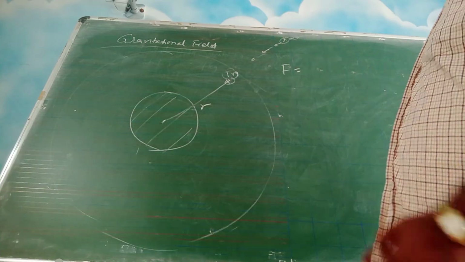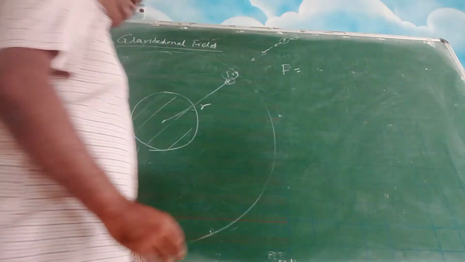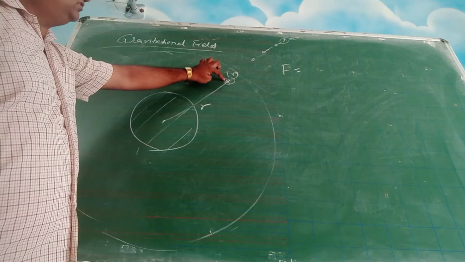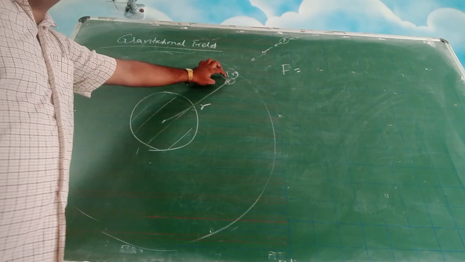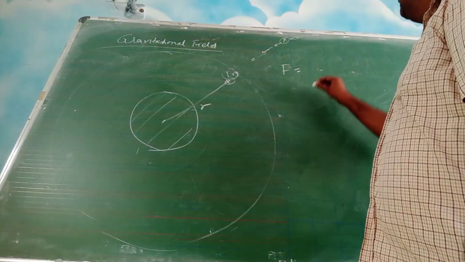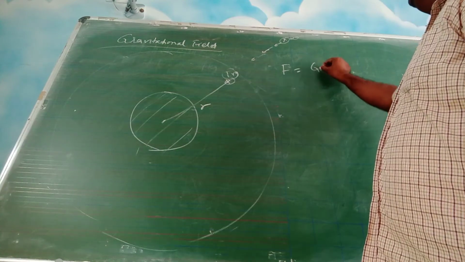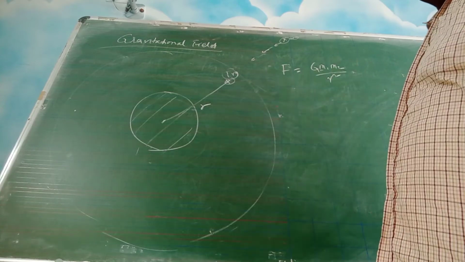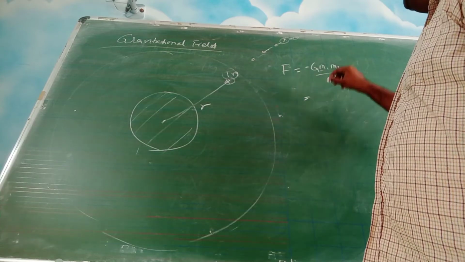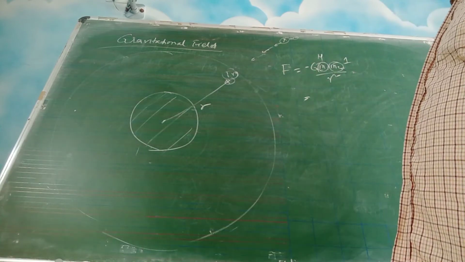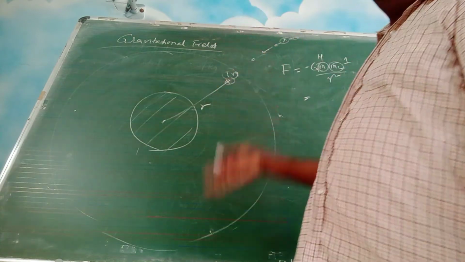What is the gravitational field? Gravitational field means at this point, what is the field strength? If you put a unit mass here, what is the gravitational force with respect to the earth? So how do you find that? Normally you find G m1 m2 by r square, where r is small r. Here m2 is the unit mass and the other is the mass of the earth, because you are finding the gravitational field of the earth.